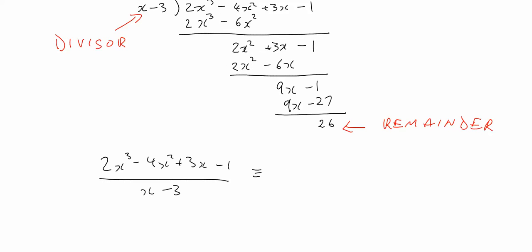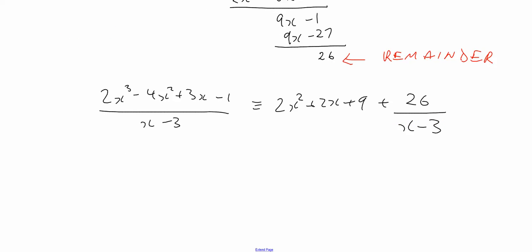So 2x cubed minus 4x squared plus 3x minus 1 divided by x minus 3 is the quotient, 2x squared plus 2x plus 9, plus the remainder 26 over the divisor x minus 3. And this right hand side is identical to the left hand side, another way of writing it. So we have the identity symbol, three lines, instead of equals.